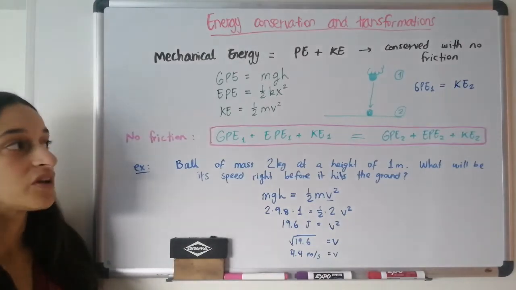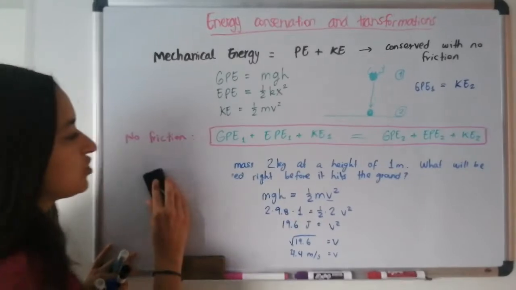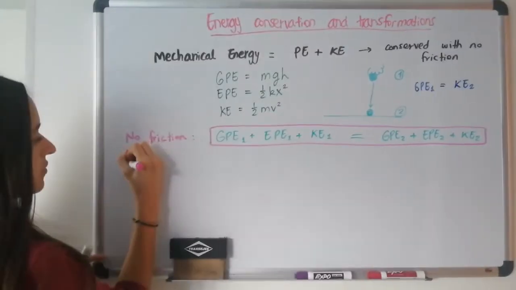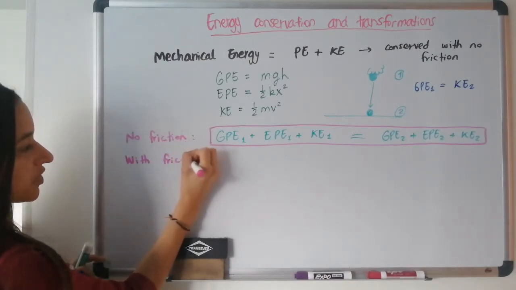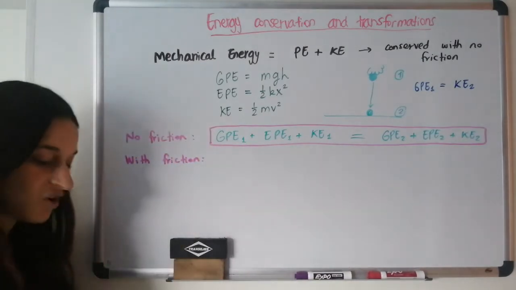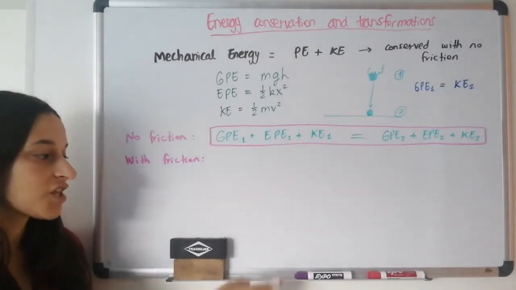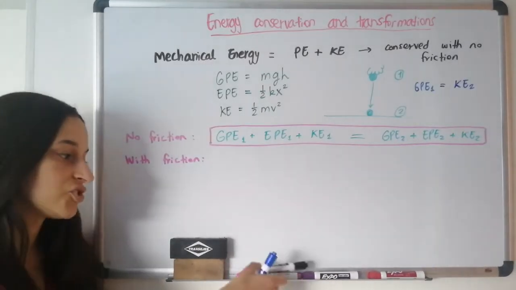Now, what happens when there is friction? So I'm going to erase this example, and I'm going to do the equation for when there is friction. You might remember from a couple of classes ago that we saw with the skate park that you guys constructed that some of the energy when there's friction is lost as heat, as thermal energy.